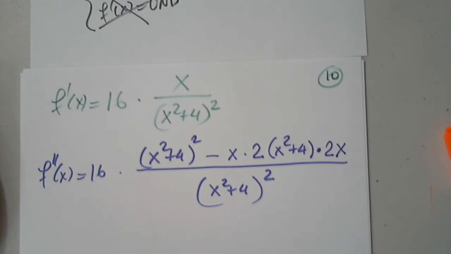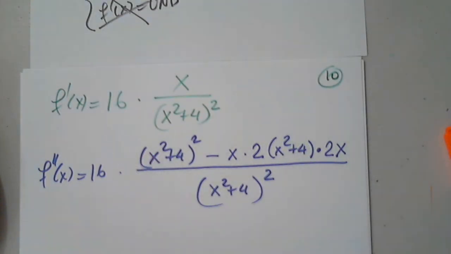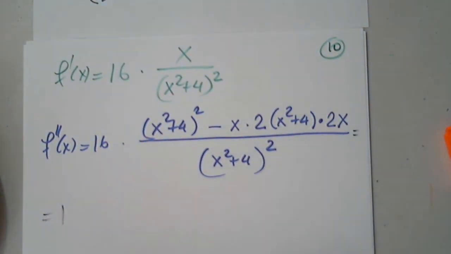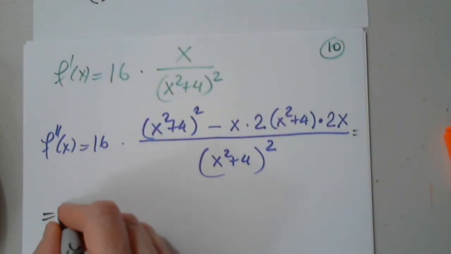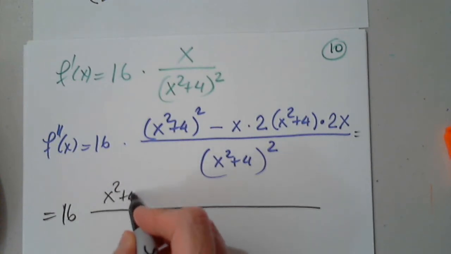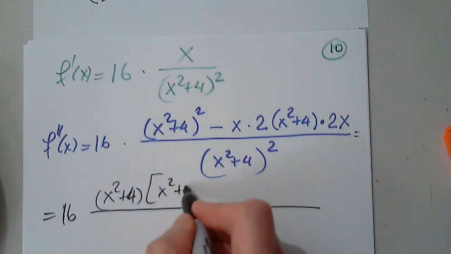Do not ever distribute if there are common factors, anytime, forever. And I have a common factor of x squared plus 4. 16 outside. X squared plus 4. One of those is out, but one is still left in.